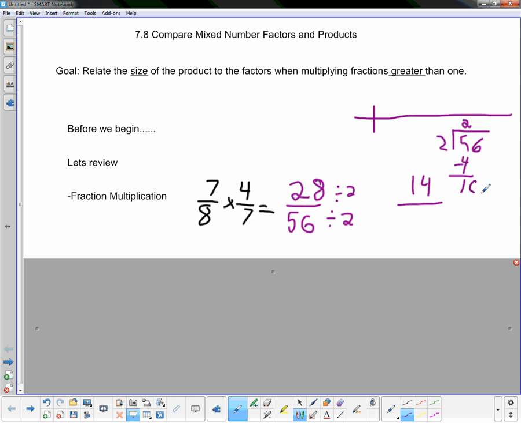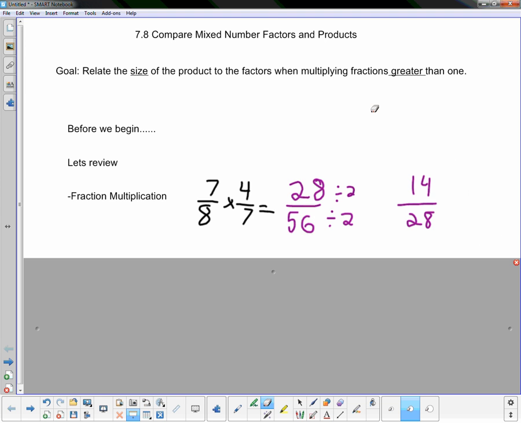With 16 left over, 2 can go into 16 8 times. So that would be 28, actually. The reason I did that is because I don't have my smallest fraction yet, but I do have it a little bit smaller, so it's more manageable.